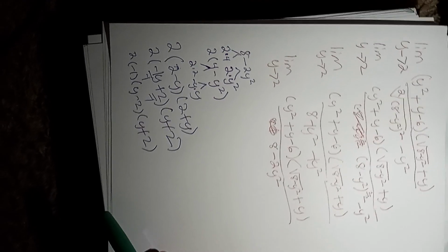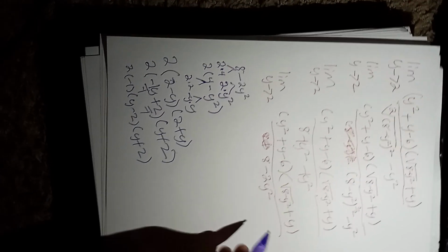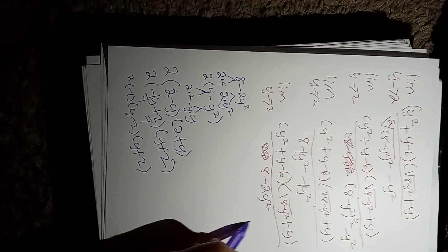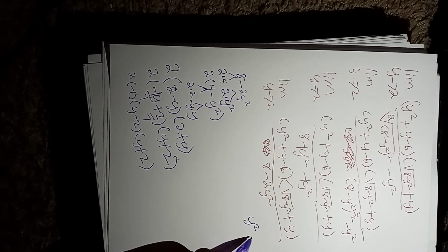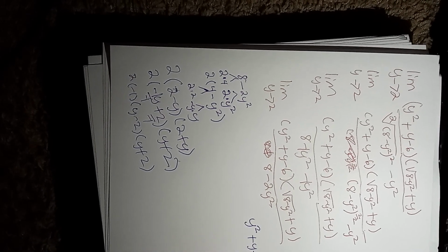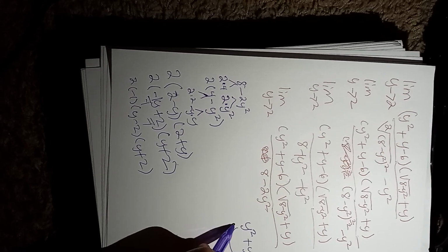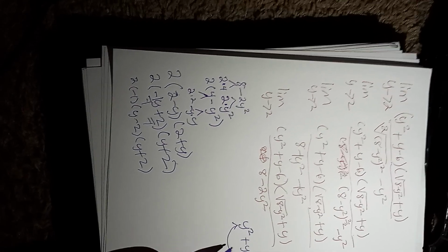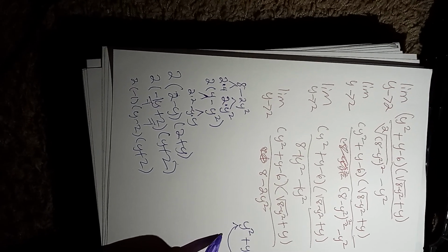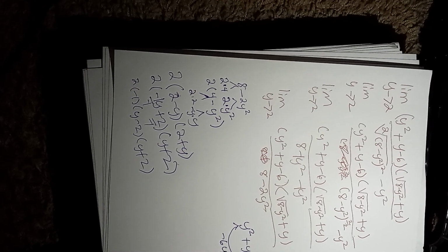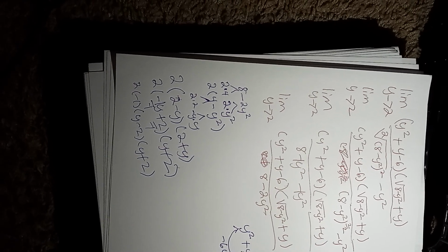So now let's factor the y squared plus y minus 6. So multiply the first and third terms, and we obtain minus 6y squared. And we put a 1 here.